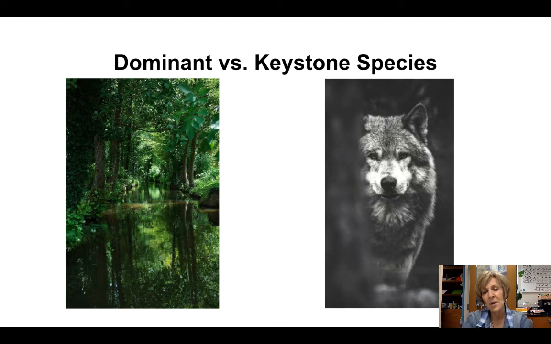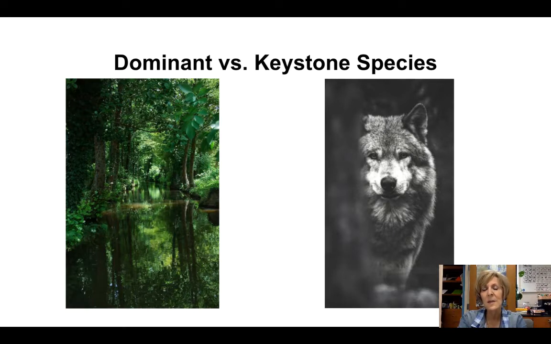So one of the things that we know is that there is a difference between dominant and keystone species. A dominant species in an ecosystem could be the most populous organism, or it could be the one with the most biomass, all right, like a particular type of tree might be a dominant species if you were looking at biomass.